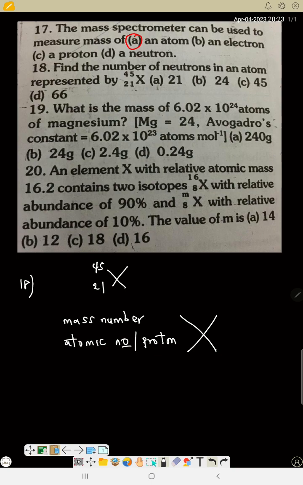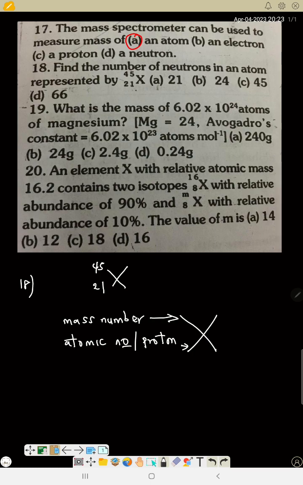So number of proton. Any number you have here is the mass number, and any number you have here is the atomic number or the proton. So for an element, atomic number is the same thing as number of proton. So that means the mass number is 45 and atomic number is 21, just like number of proton for an element.